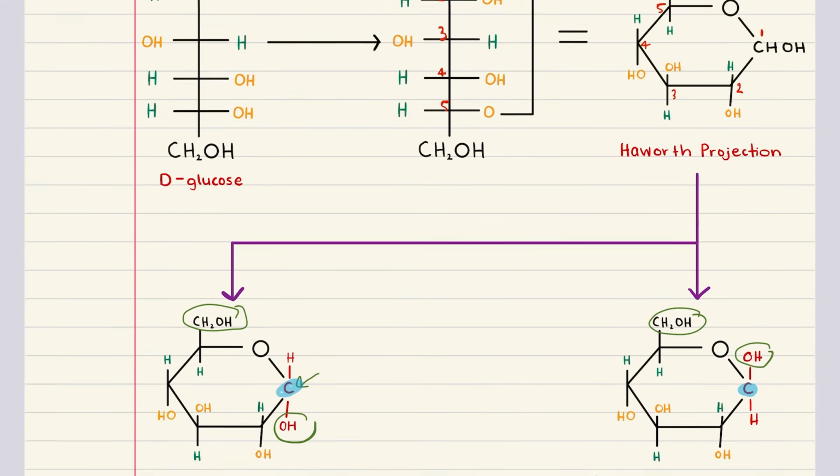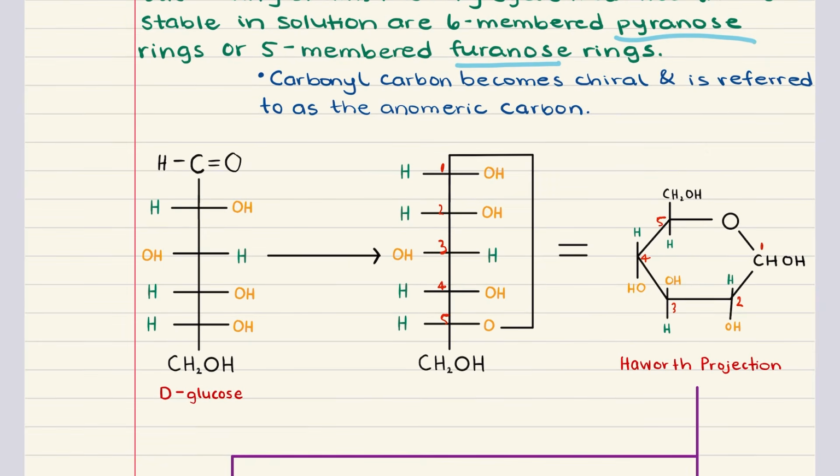From here, I want to take a brief moment to explain how we can convert from this Fischer projection to this Haworth projection. The first thing you want to do is place your oxygen right here and then draw a 6-membered ring. We have our oxygen in this corner, then carbon 1, 2, 3, 4, and 5.